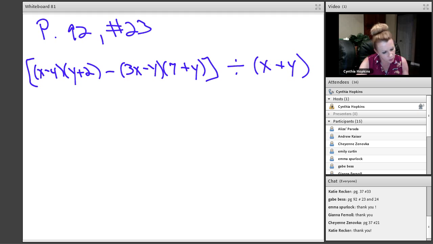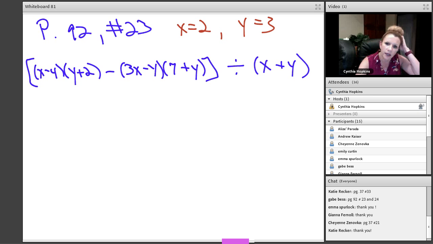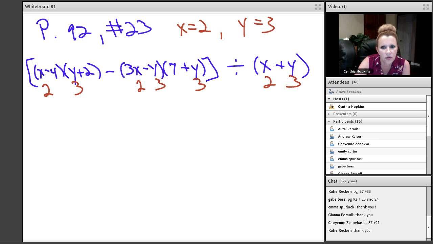Okay, this is where we are plugging in an x equals 2 and a y equals 3. So like I did on the other one, I'm going to plug those in red. So x is 2, y is 3, 2, 3, 3, 2, 3. Okay, and then I'm going to go back and write the rest in blue.